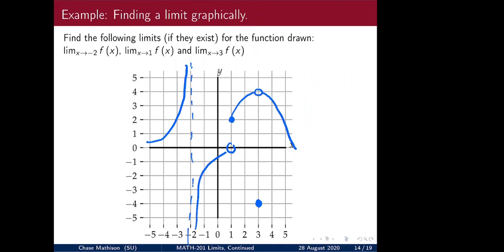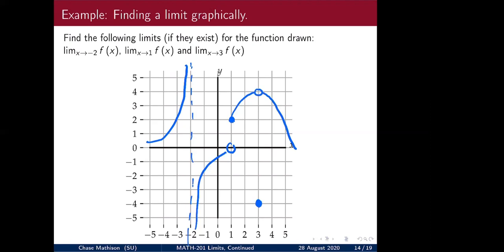It is a function. It passes the vertical line test, right? If you draw a vertical line anywhere, the only places that maybe it wouldn't pass the vertical line test are maybe at 1, but it's only defined to be this at 1. So if I draw a vertical line through x equals 1, it only intersects the graph once.